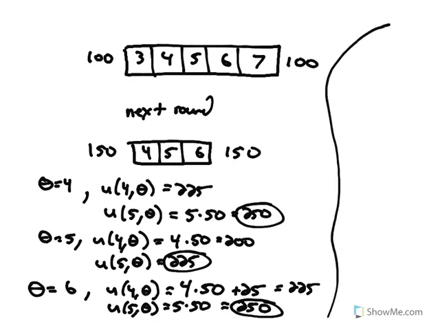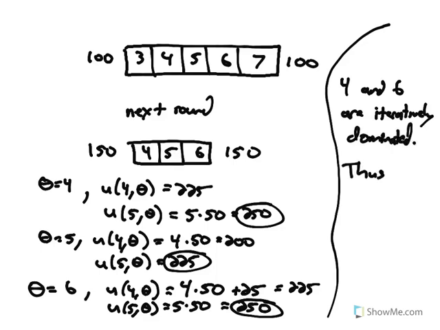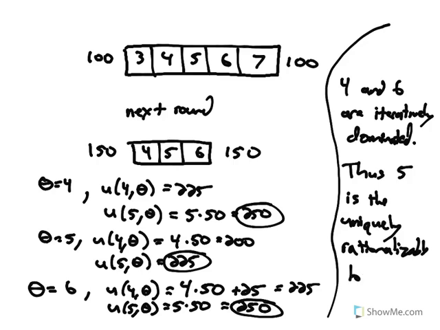So, 4 and 6 are iteratively dominated. Thus, 5 is the uniquely rationalizable location.